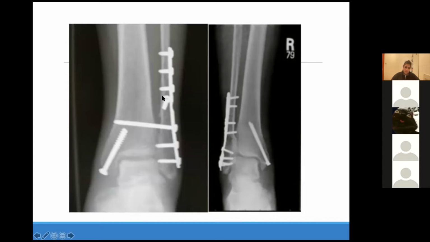Well, you can see a bit of displacement here, and they've got a lag screw going across. So it's a Weber C fracture, and as you correctly said, you've got a fibular plate, you've got 1 syndesmotic screw going across, and then assuming here there was a medial malleolus fracture, so they've got screws fixing that as well. Quite similar here again, you've got screws going into the medial malleolus, and you've got a nice long fibular plate fixing the distal fibula.